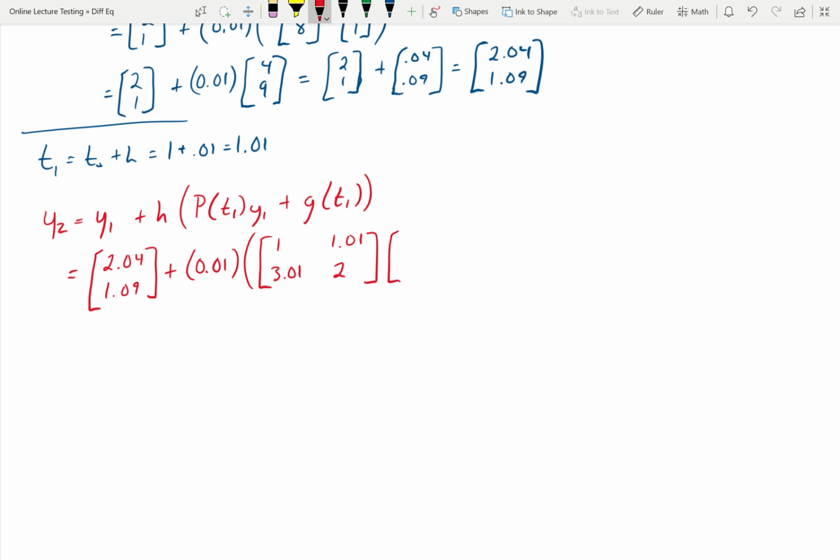Again, because t now is 1.01. And then we have 2.04 and 1.09. And then we're going to add g of t1, which is 1 and 1.01. So 2.04, 1.09.